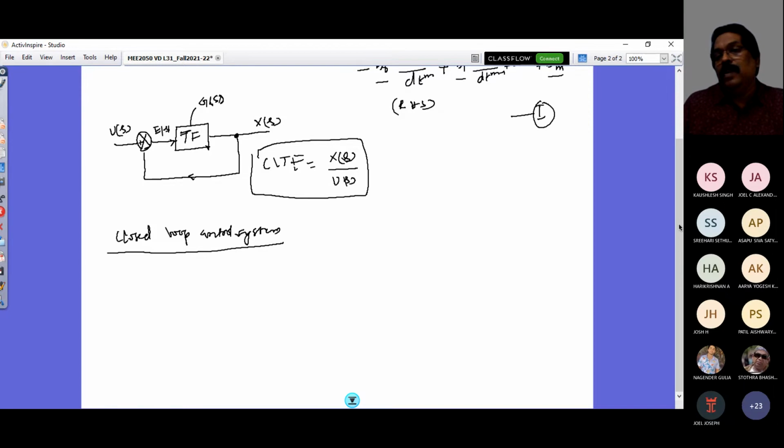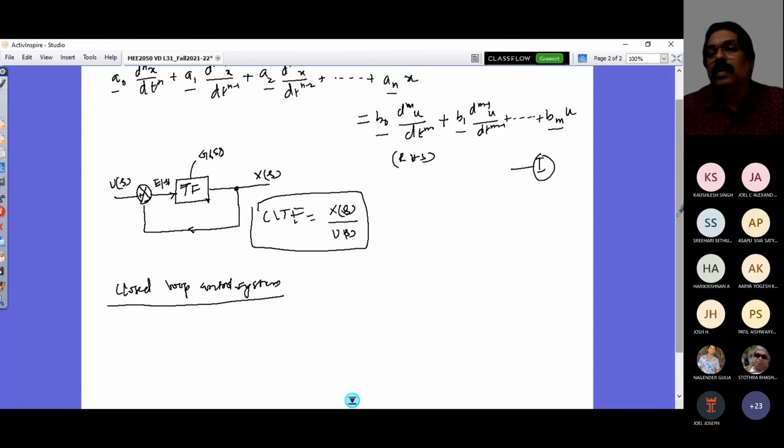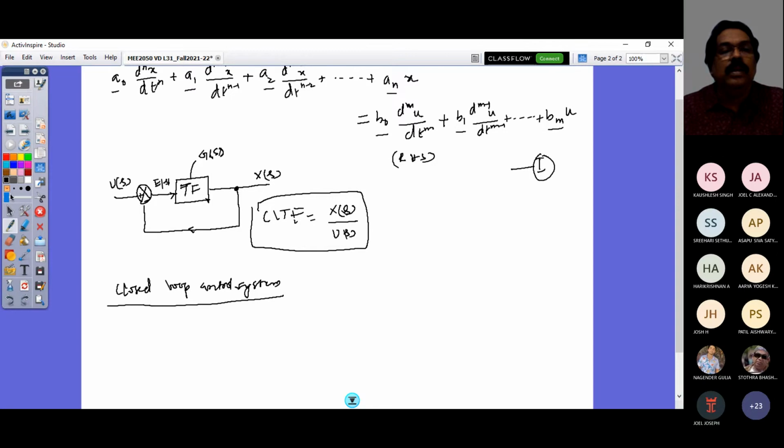So what is it that I'm doing? I'm just going to take the Laplace transform on both sides, and my equation is going to be like this.